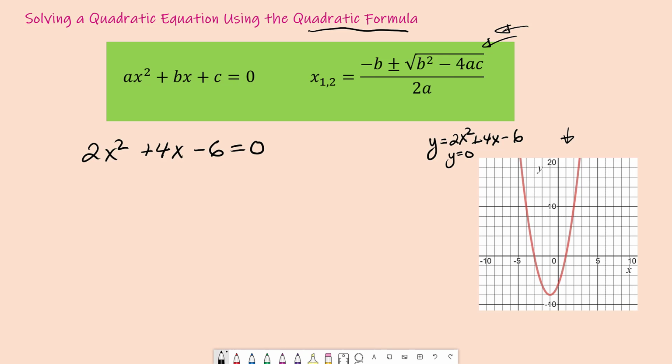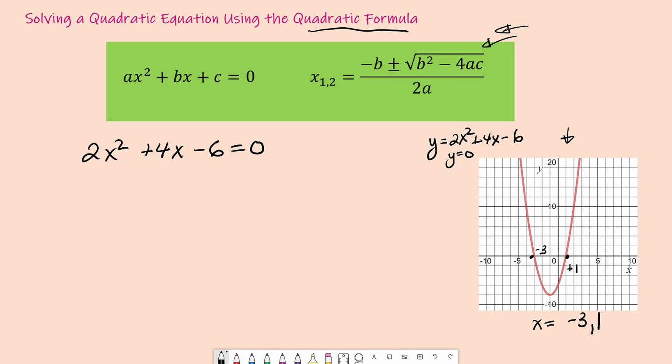So you see here that we get two solutions, one at plus 1, and the second one here is at negative 3. So x equals negative 3 and 1 are solutions from the graphic method.